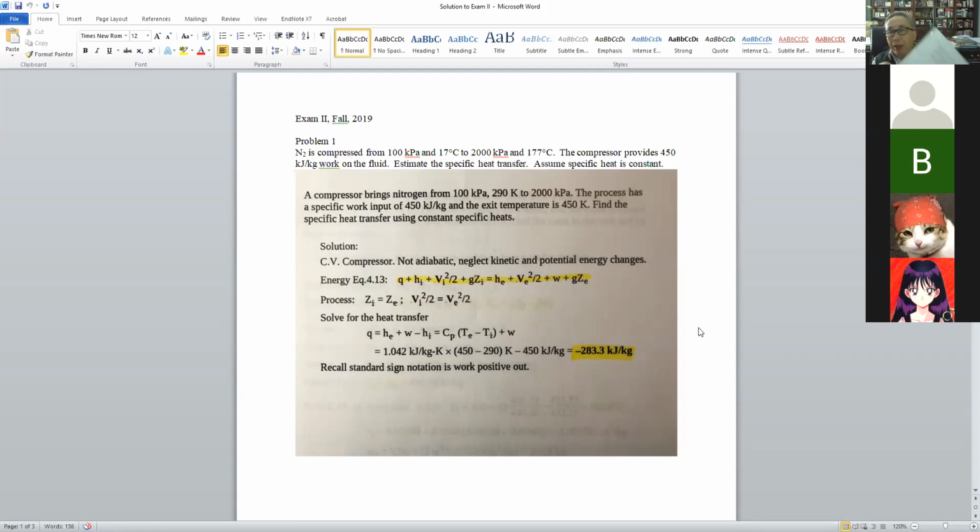If you can choose to write first law from this sheet, you get 50% of the points. So this is equation from chapter 4, because it's an open system. Compressor per se is an open system. It has a fluid coming in and going out. Any discussions? If you don't have question, I can go to the problem number 2.